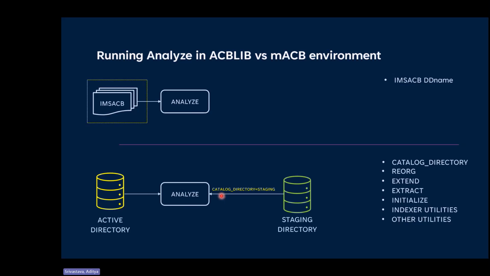But what we are working on in the enhancement is that if it's equal to staging and the control block is not found in the staging directory, it should fall back and check in the active directory to get the most accurate control block from there. This behavior is about to get completed.